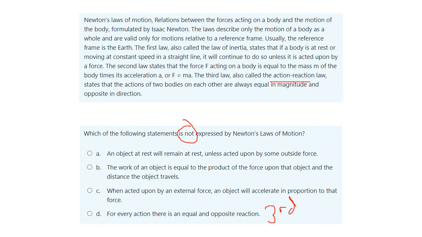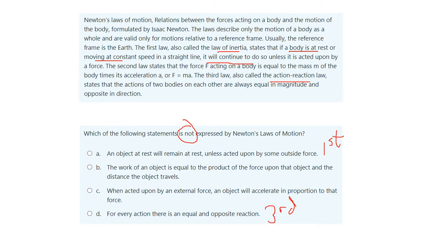The first law of motion, the law of inertia, states that if something is at rest or moving, it will continue to do so unless acted upon by an outside force. This is the first law. The first law of motion is why if a car suddenly brakes and you are traveling inside the car, you will lurch, you will go forward when the car stops.